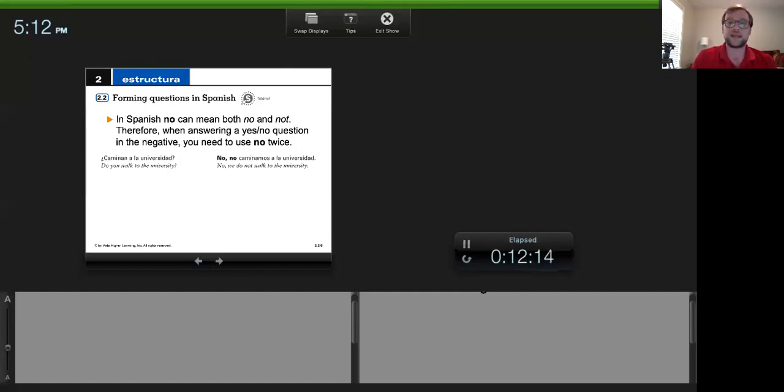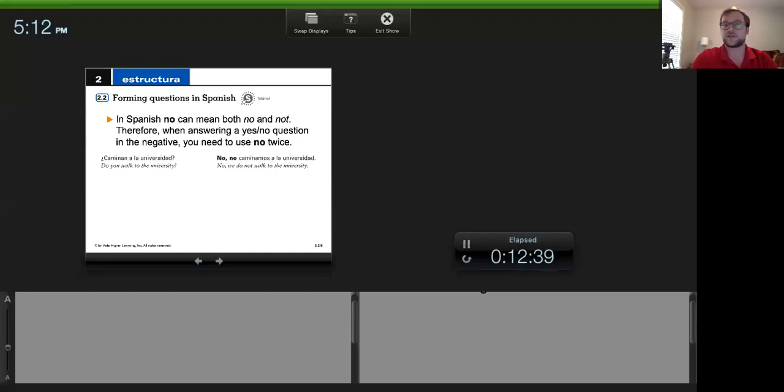Or sí, caminamos a la universidad. If you're asking or answering in the affirmative, sí, there's our answer. And then caminamos a la universidad. We do walk to the university. Remember, there's those three different ways you can express different tenses by just using the present tense, right? You can say he works there, he is working there, he does work there, right?